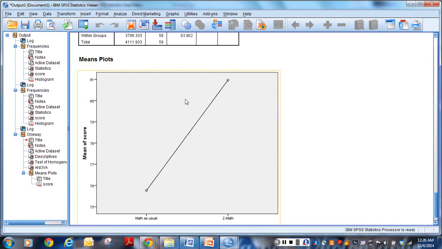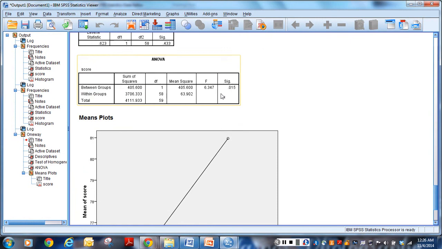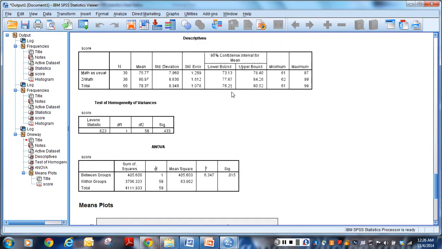However, we need to look more into it, because we need to make sure that this is not just occurring by chance. So we want to make sure that our findings are significant.